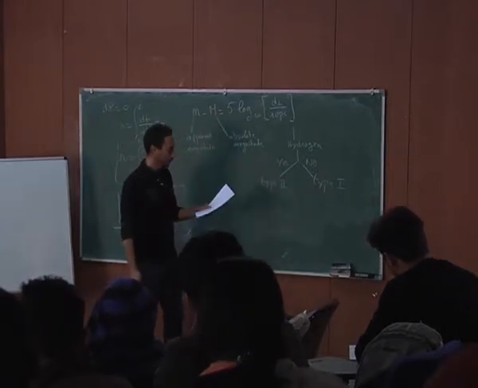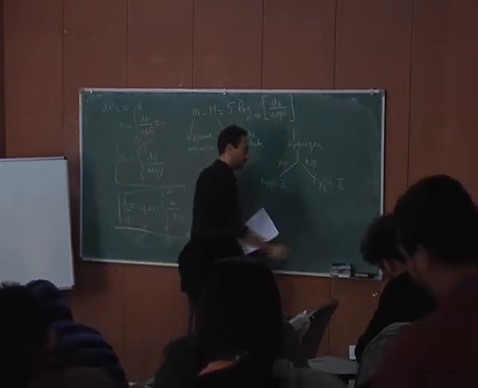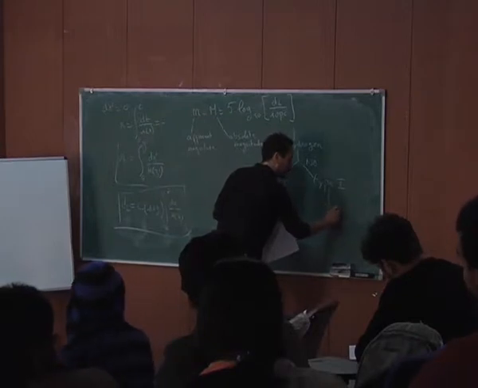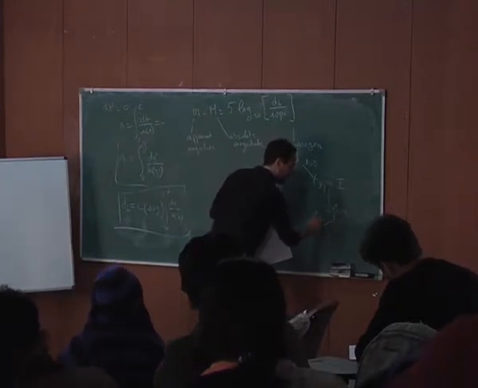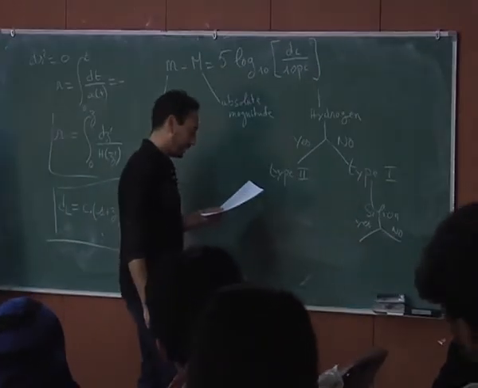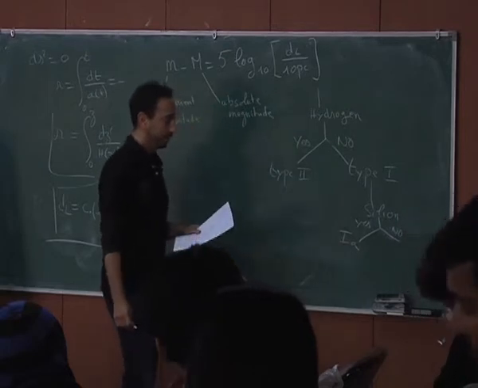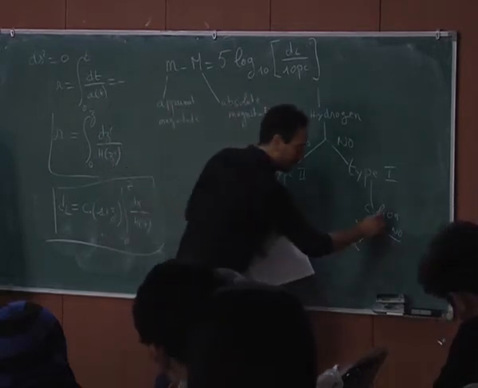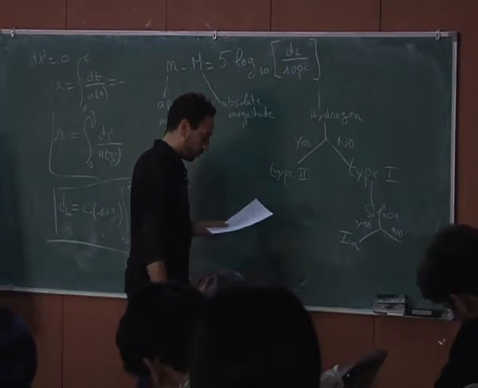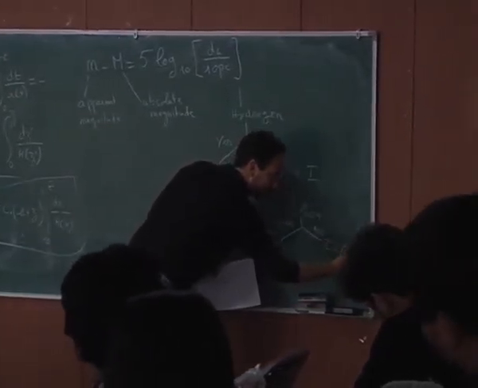Now, what we are interested in is this type 1. You ask if they have silicon, and you get two answers, yes or no. If the answer is yes, you call that 1a. If the answer is no, you call that 1b or 1c.